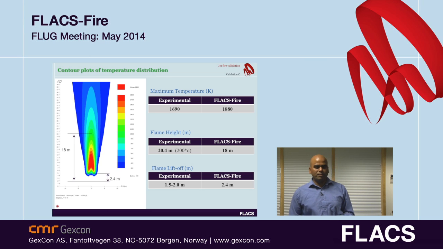The flame height measured for this case is about 20 meters. FLACS-Fire predicts about 18 meters of flame height. The flame lift-off height from the experiment is between 1.5 meters and 2 meters, whereas FLACS-Fire predicts about 2.4 meters of flame lift-off.